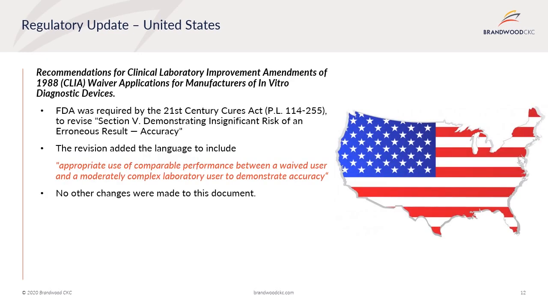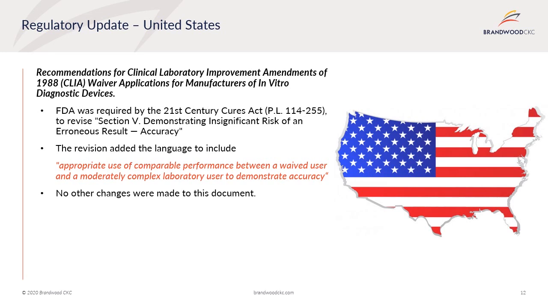Okay, as part of the two regulatory updates from the US, the first one is on the CLIA waiver applications for IVD products. Effectively, there was a change a while back where they took Section 5, which is demonstrating insignificant risk of an erroneous result, accuracy, out of the CLIA waiver guidance.